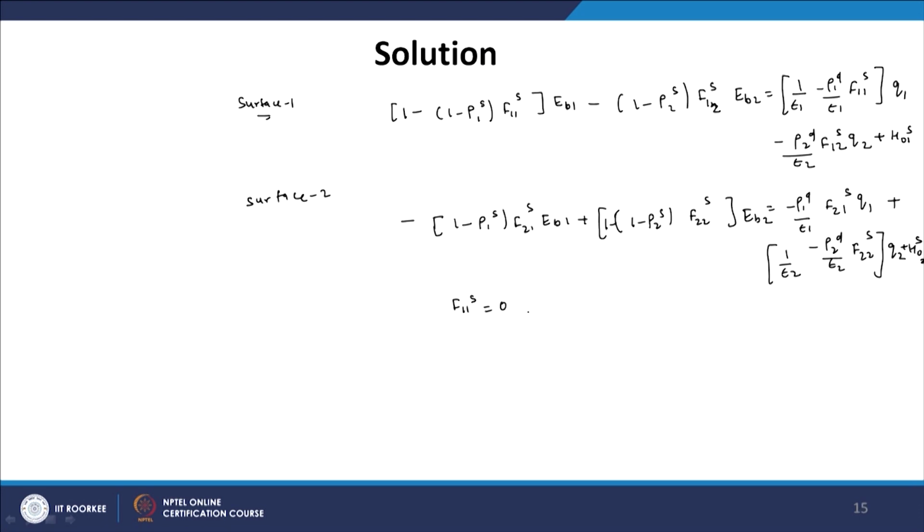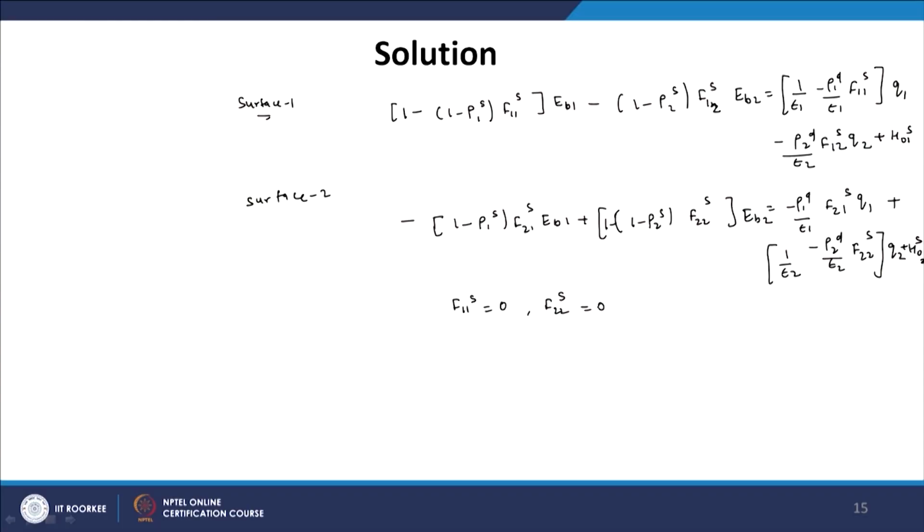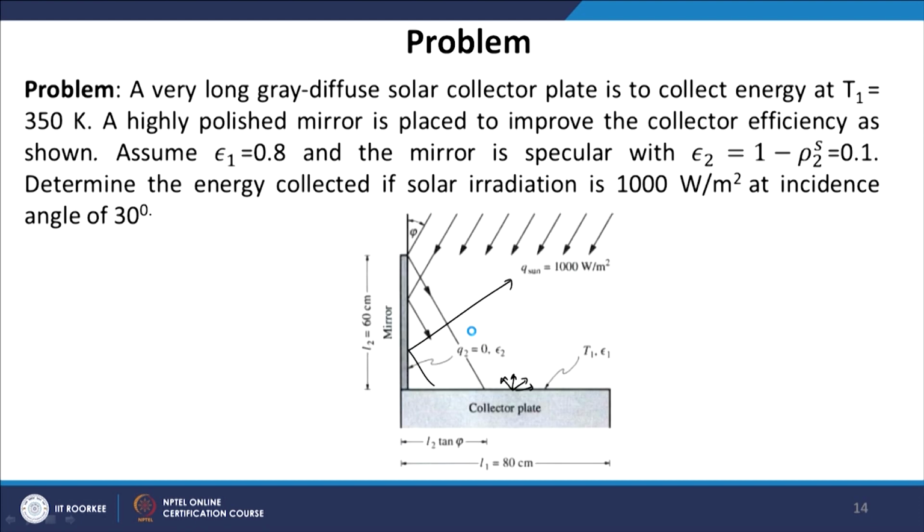Now, F22, any radiation leaving surface 2 diffusely and after specular reflection, but surface 1 is not specular, it is diffuse. So, this is also 0 because surface 1 is not specular. Okay. Now, F12 specular. So, what is this? Any radiation leaving the collector plate diffusely and arriving at 2, after directly or reflection.